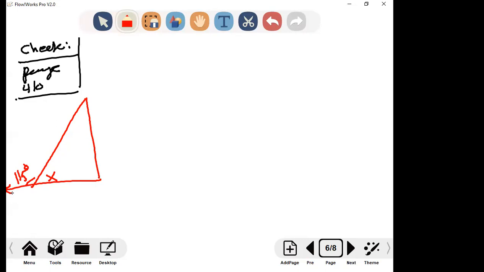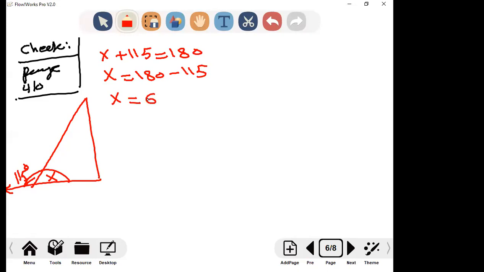So here X plus 115, we have a straight angle, right? X equals 180 minus 115, so X equals 65. This is X. Now I want X to be reduced by 46.2%.